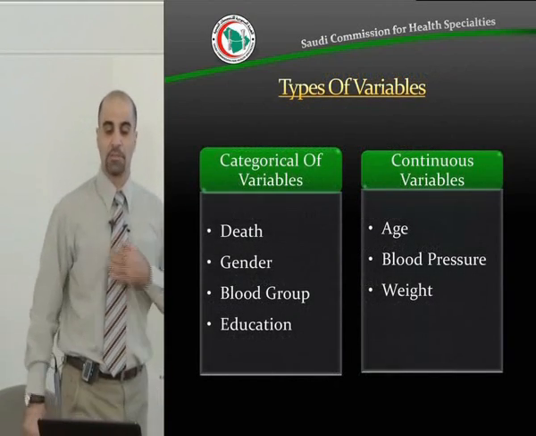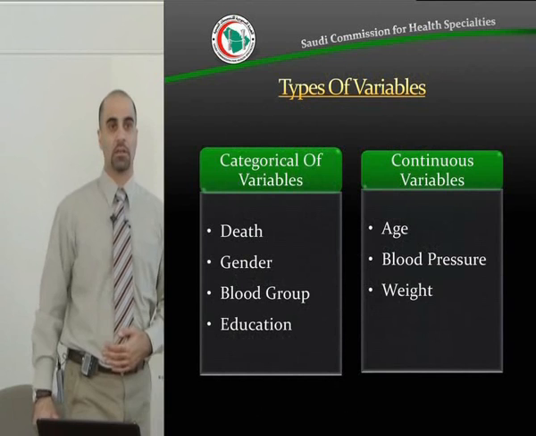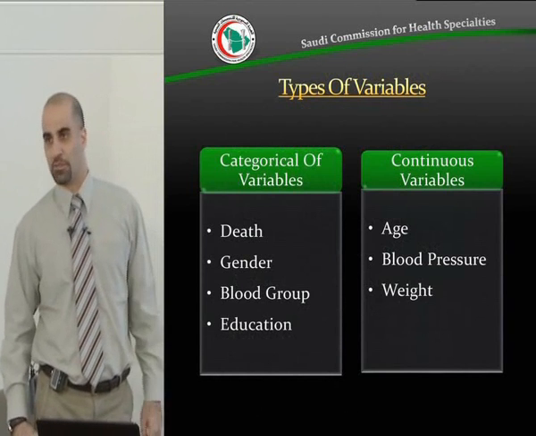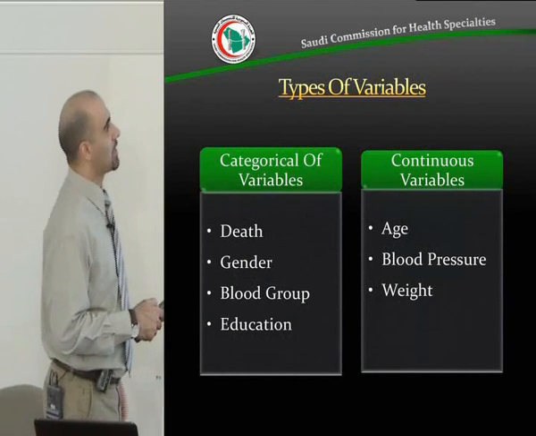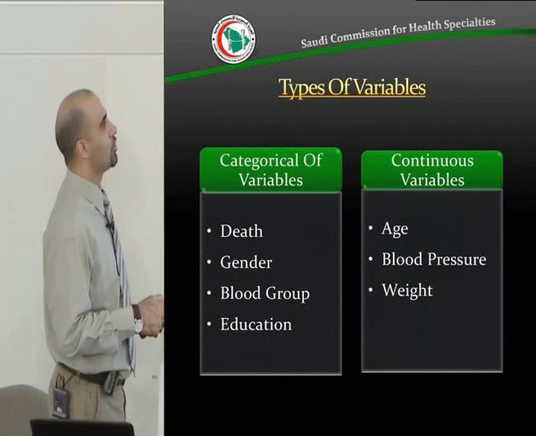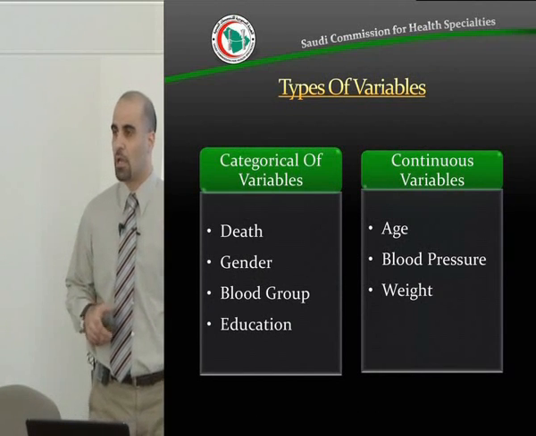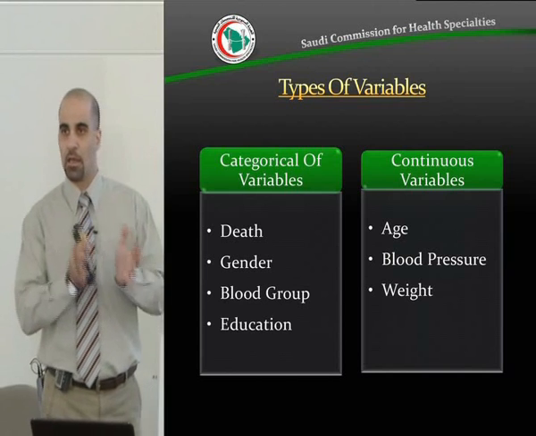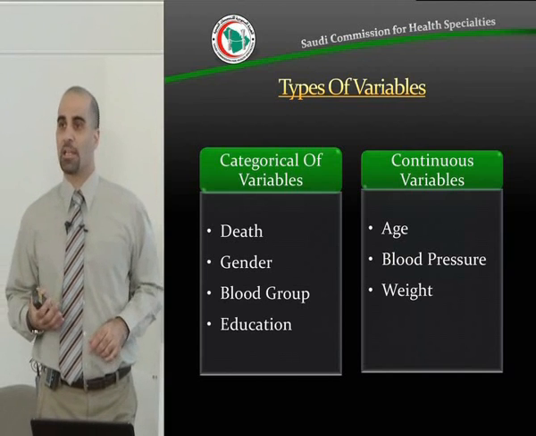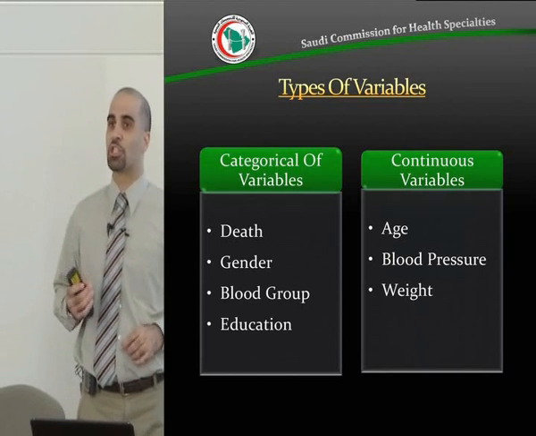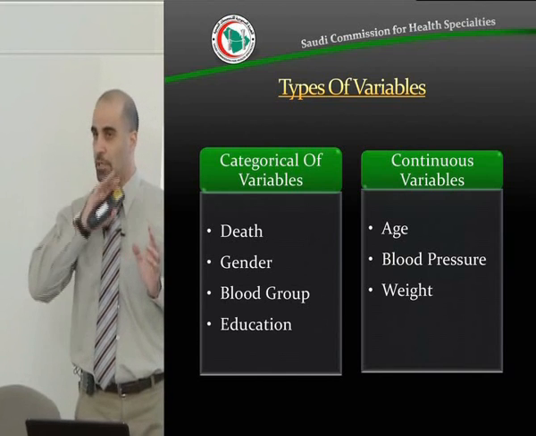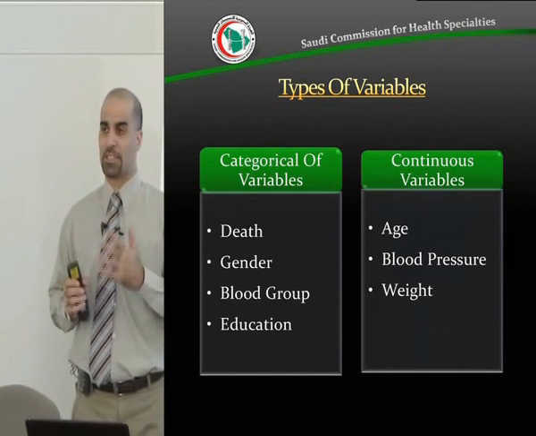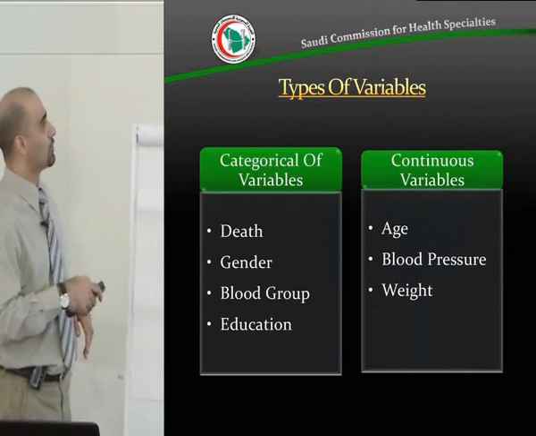Now, there are two types of variables. One is called categorical, one is called continuous variables. Categorical variable is as the term category means. What does category mean? It's a group, right? So a categorical variable is a variable in which people are placed in different groups. For example, the sex of the patient, gender, is male, female.